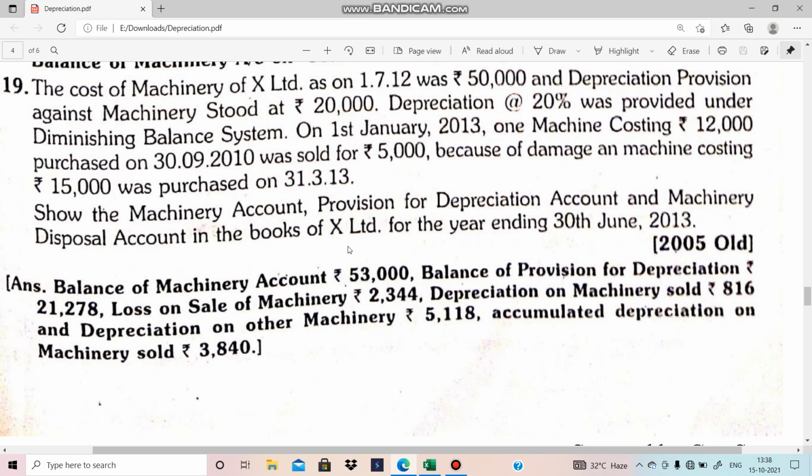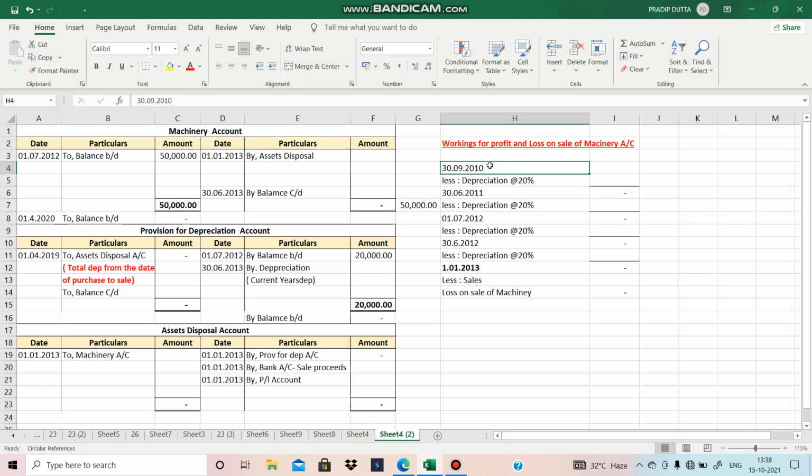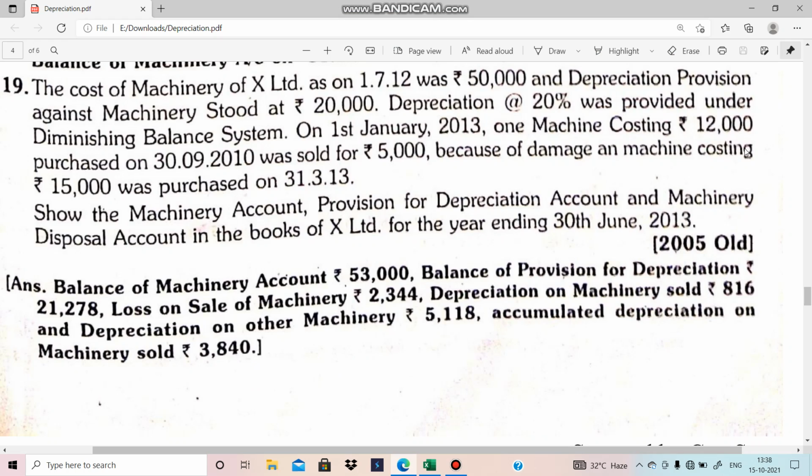Now one thing we have to do is workings for the sale of machineries, which is very helpful for this purpose. Now see, the machine which was bought on 30th September was sold for 5,000. The machinery's actual cost is 12,000, and the depreciation rate is 20% under the diminishing balance method.